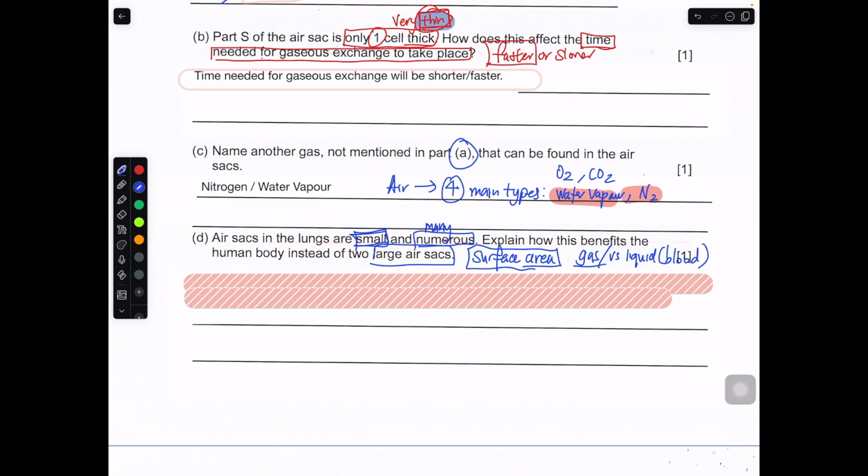So whenever gas is involved in the surface area question, normally we will use or at least include the word exposed, because the surface area is not in contact, it's basically exposed to the surrounding air, or surrounding gases. So that's why we will use the word exposed.